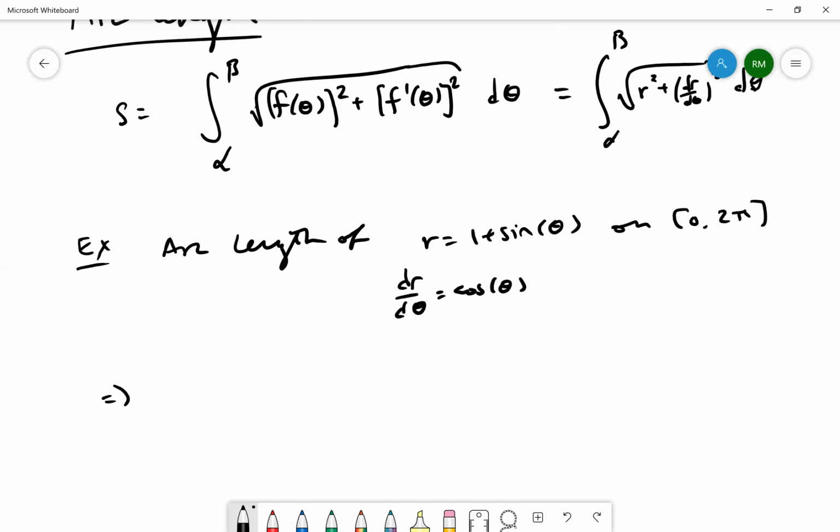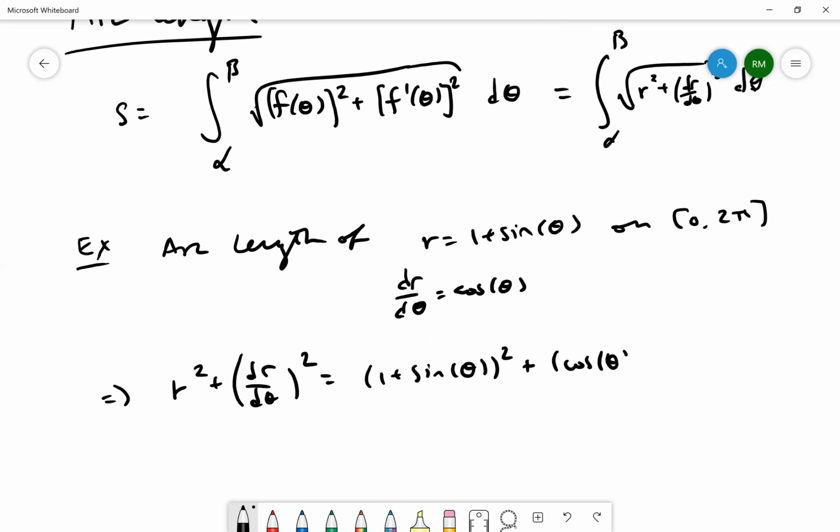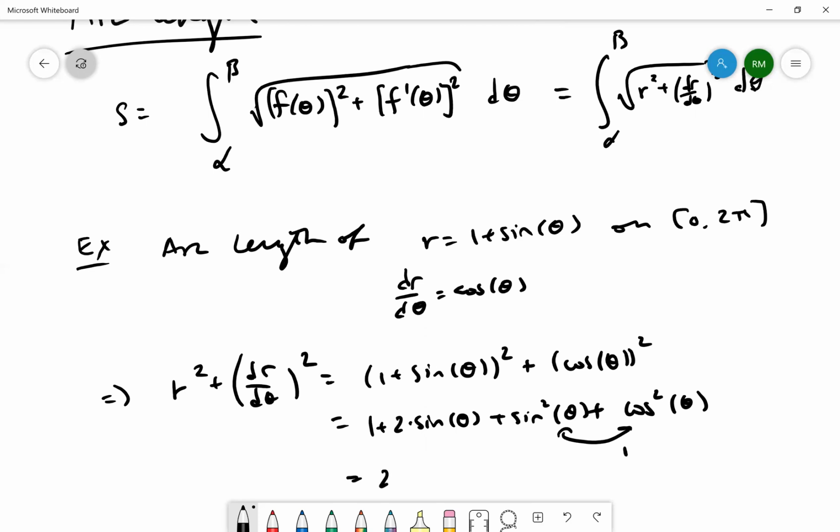So this tells us that r squared plus (dr/d theta) squared is (1 plus sine theta) squared plus cosine theta squared, which is 1 plus 2 times sine theta plus sine squared of theta, plus cosine squared of theta. These two make 1, so it's 2 plus 2 sine theta.